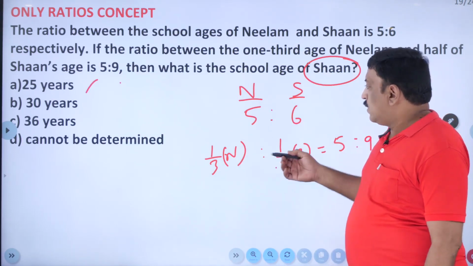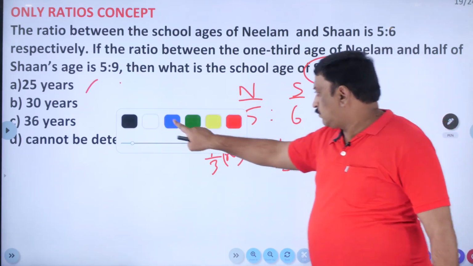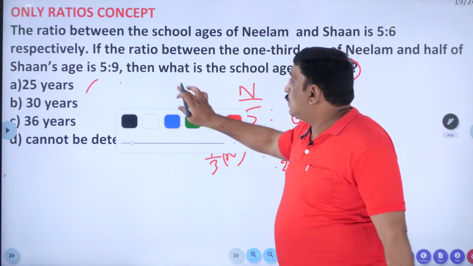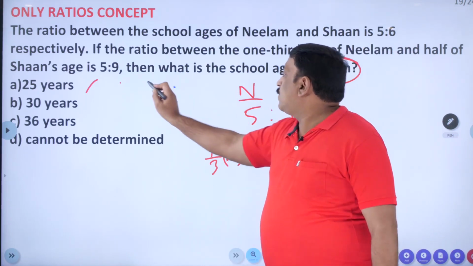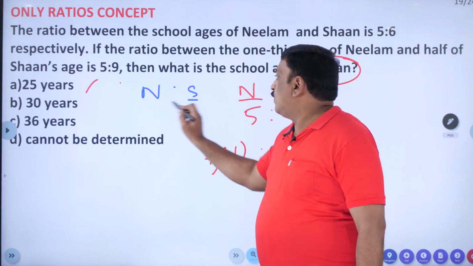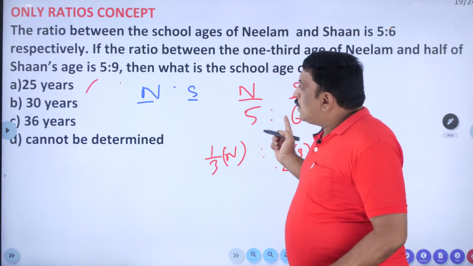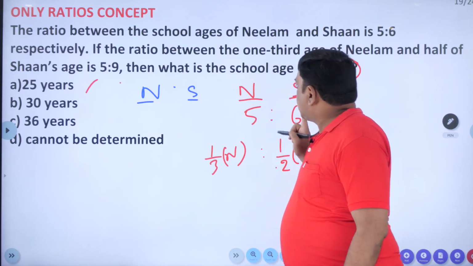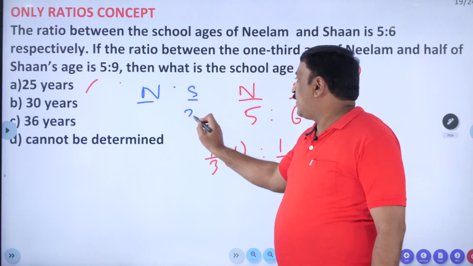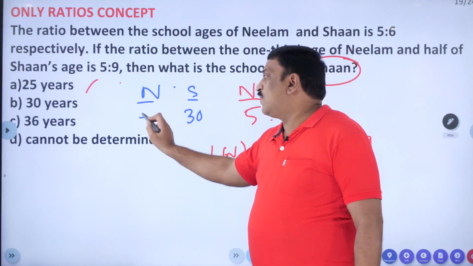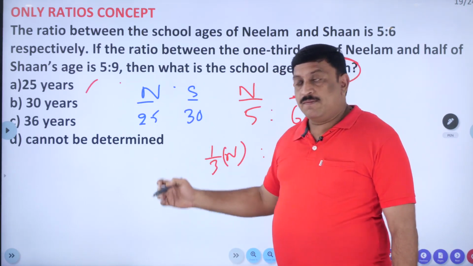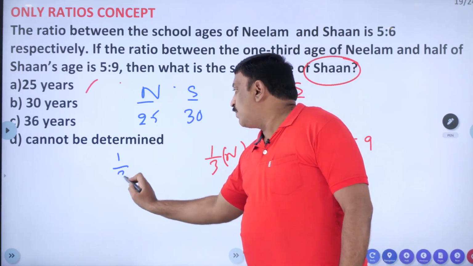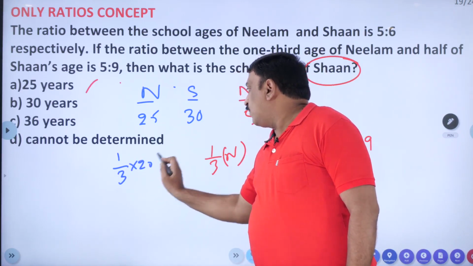Let us see, right? So here, Neelam and Shan. We'll see the verification here. Shan is now 30 years, means 6 5s are 30, so 5 5s are 25. Neelam will be 25. And 1/3 age of Neelam, that means 1/3 of 25.